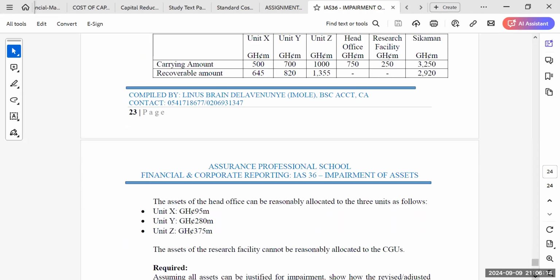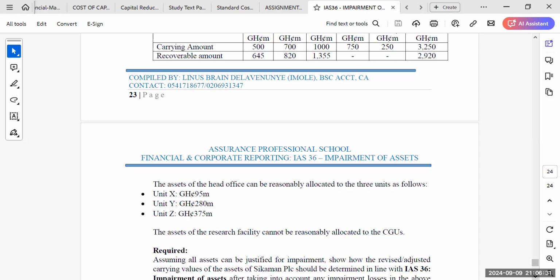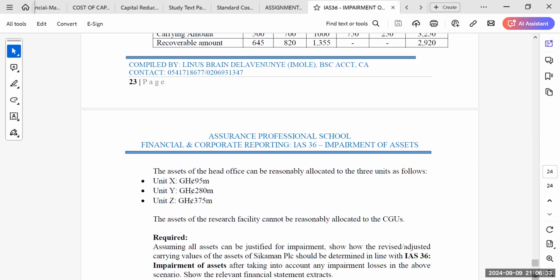The assets of the head office can be reasonably allocated to the 3 units as follows. Unit X, 95 million. Unit Y, 280 million. Unit Z, 375 million. The assets of the research facility cannot be reasonably allocated to the CGUs.